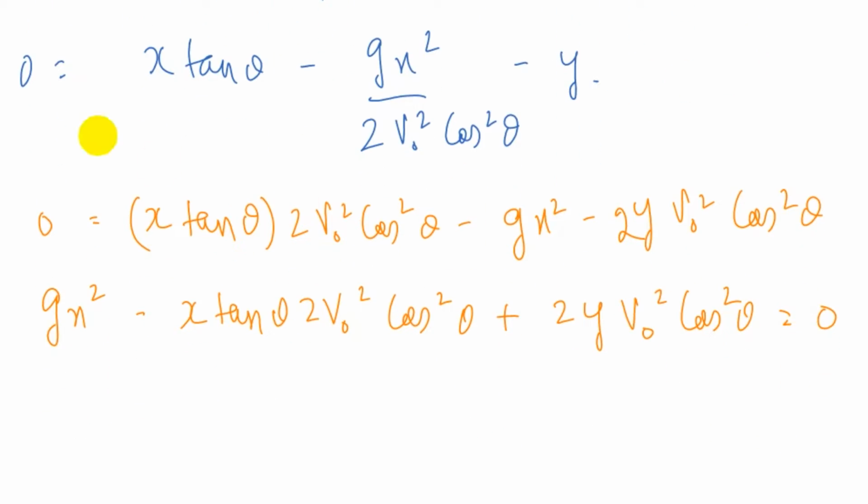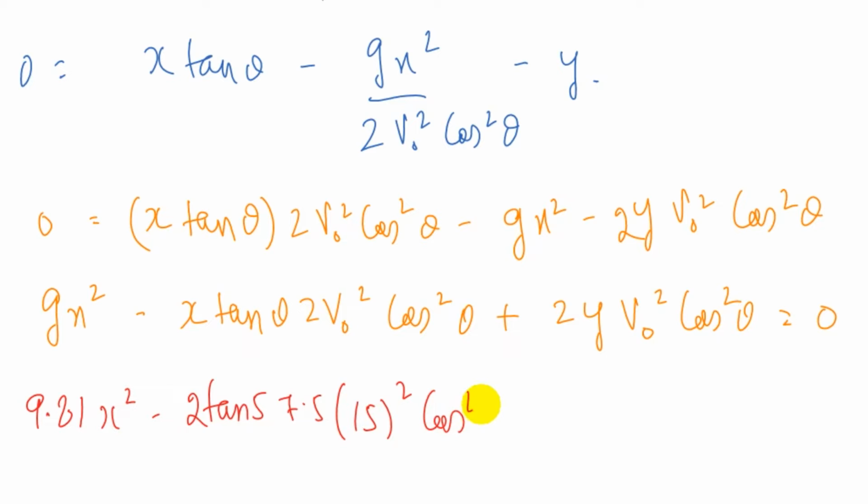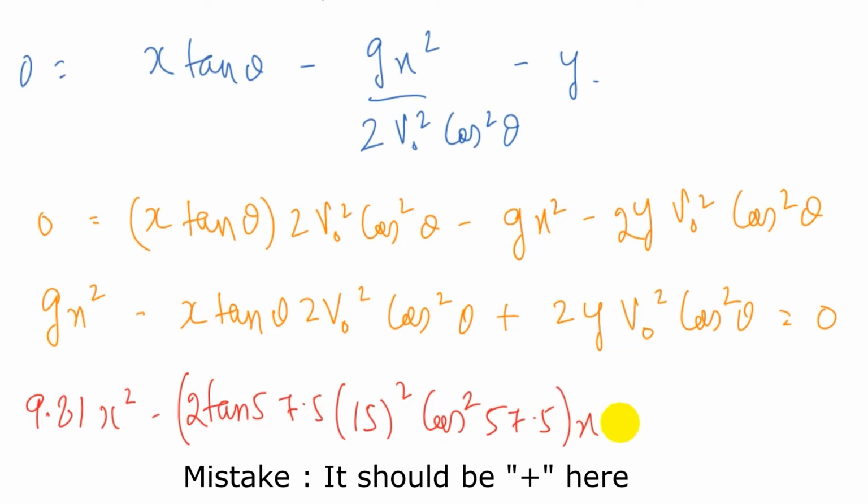Now put the values. Now g we have 9.81, x square as it is, minus, now tangent theta, theta we are given to be 57.5 degrees, 2 I'm writing it here. v0 square is 15 square, then cosine square theta is 57.5, and then it all multiplied with x, then minus 2 times y.